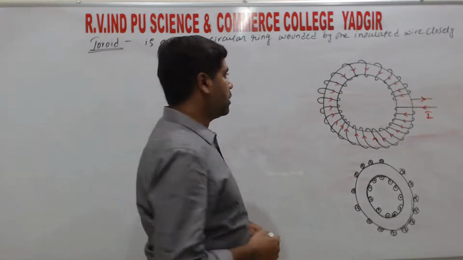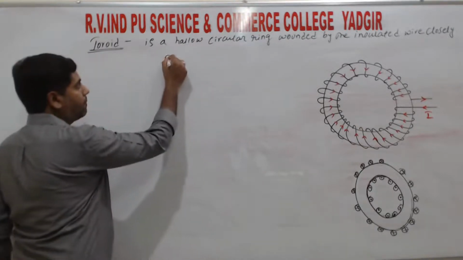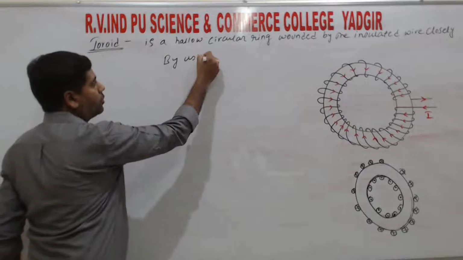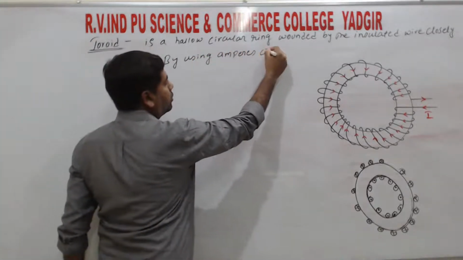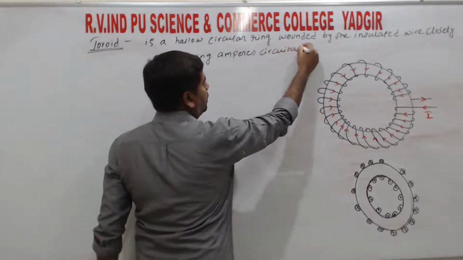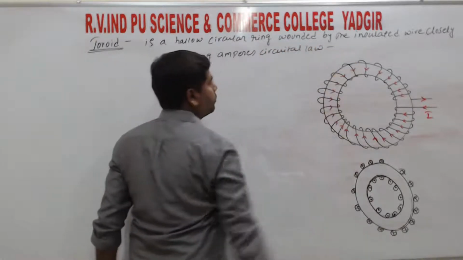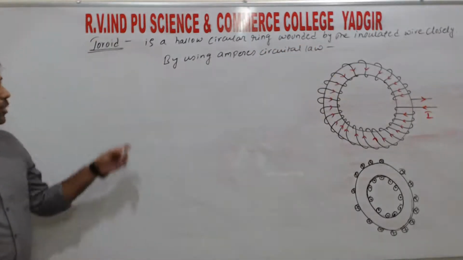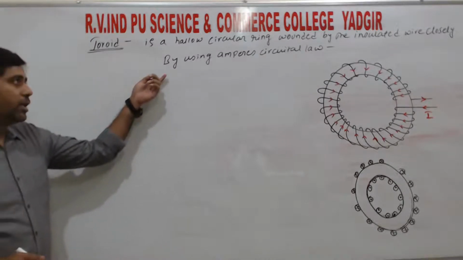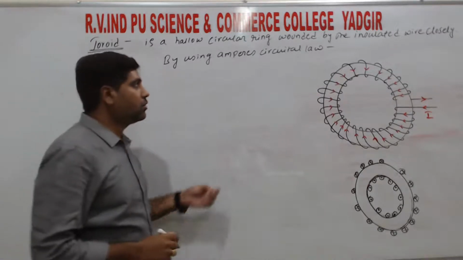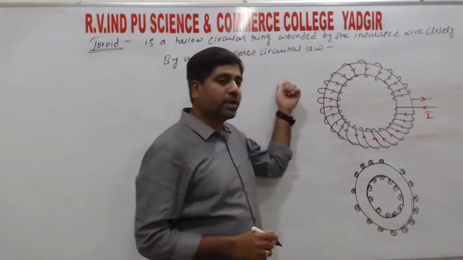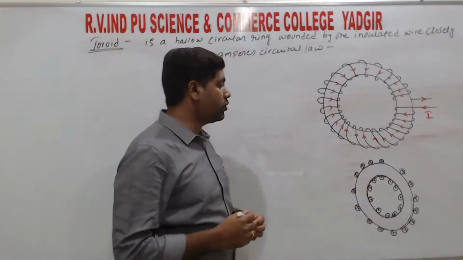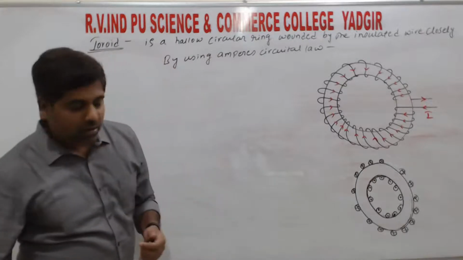So here also, by using Ampere's circuit law, right? So this is also an application of the Ampere circuit law. So here also we are going to find the magnetic field by using the Ampere circuit law. So here we are going to take 3 Ampere loops.